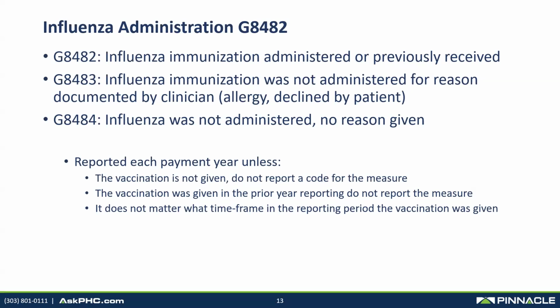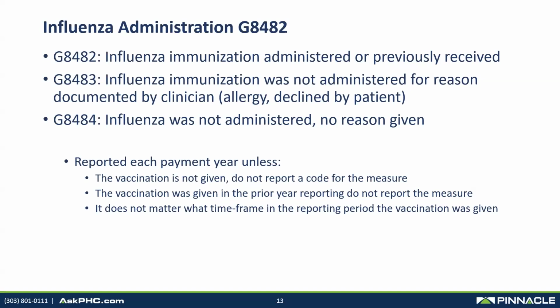That's correct. Okay, so if we're doing it in a January annual wellness, and they got the flu in December of, let's just say that the patient came in on January 9th of 2025, and they received their annual flu vaccination on December the 9th of 2024.